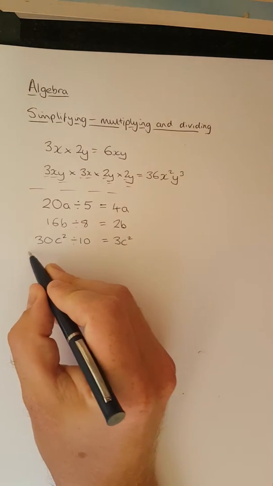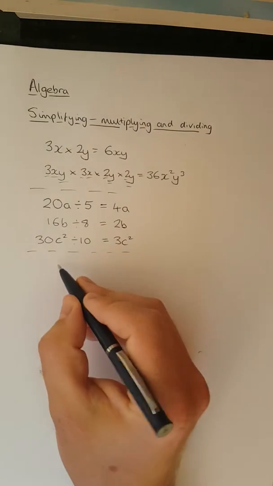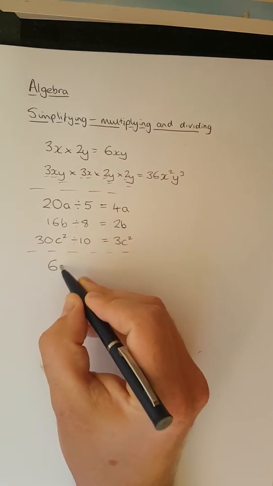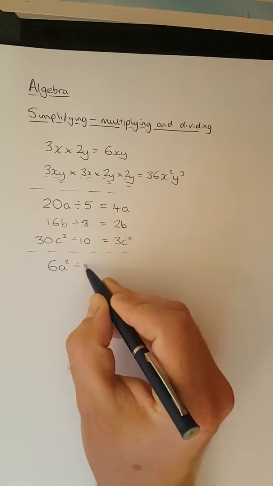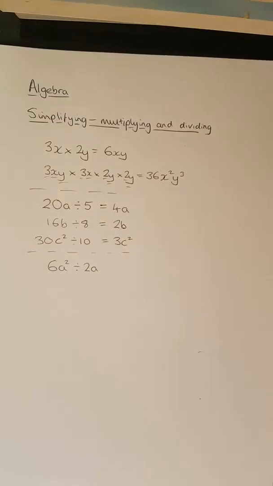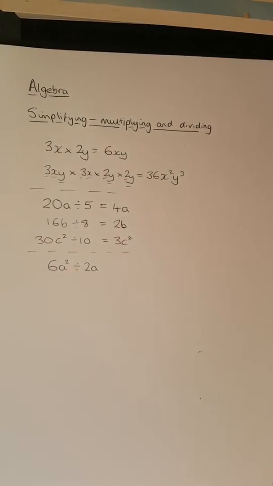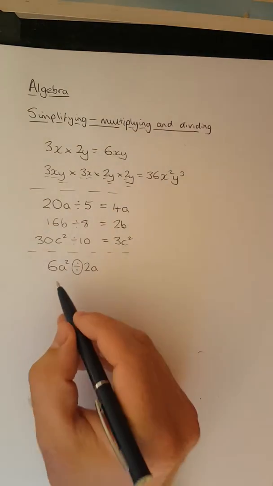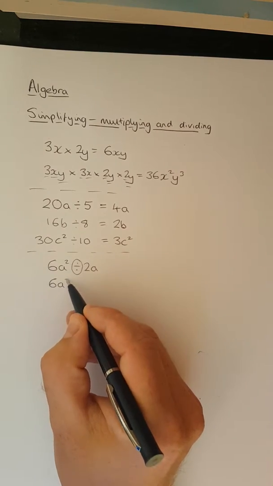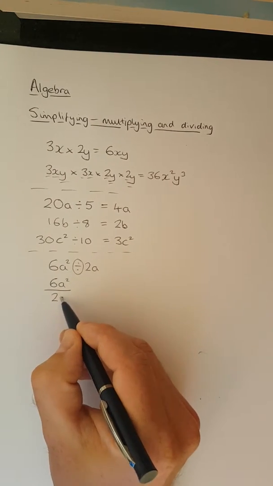Now, those might seem fair enough, but what happens when we get this situation? Things get a little bit more complicated. So to check we're doing it right, I'm going to write it in a different way. So the division symbol here can be changed to look as follows.